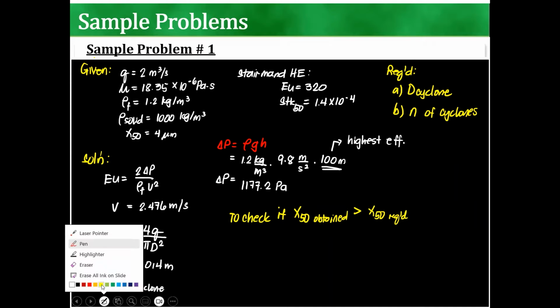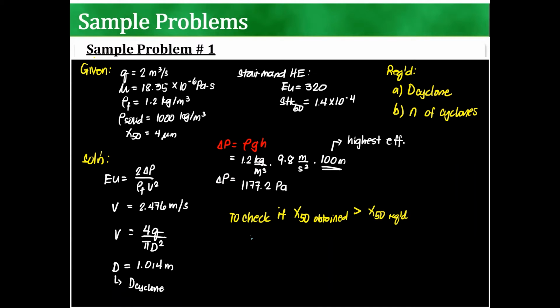Stokes is equal to the cut size squared times density of the particle times V over 18 mu and then the diameter. Can you please solve for the X50?